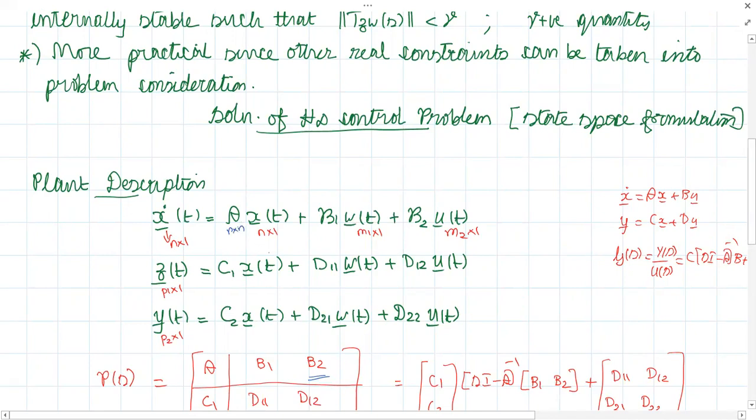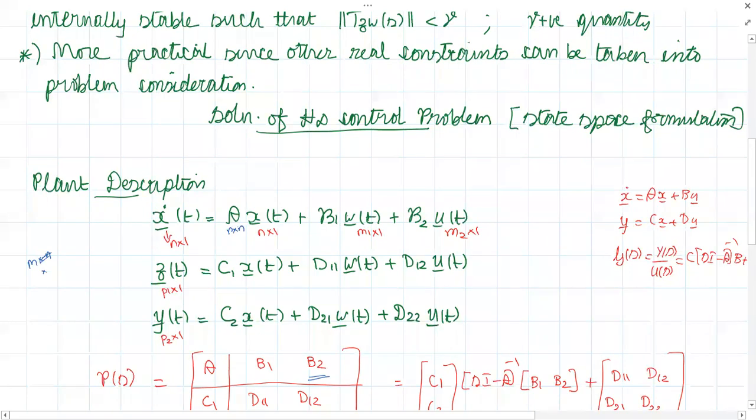There are n states. What's the dimension of B1 matrix? Not M. See, M cross n means number of rows cross number of columns. There is no M rank. What's the order of this B1 matrix?